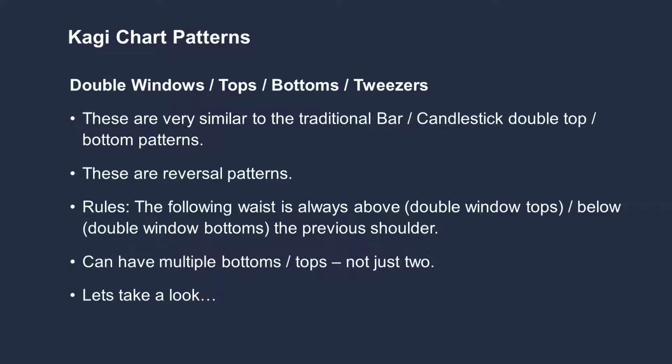Very traditional type of pattern, very good for reversals, and the rule is the following waist is always above for a double window top, or below for a double window bottom the previous shoulder, and you can have multiple bottoms and tops. You don't just need two, you can have 3, 4. Let's take a look at a quick example.